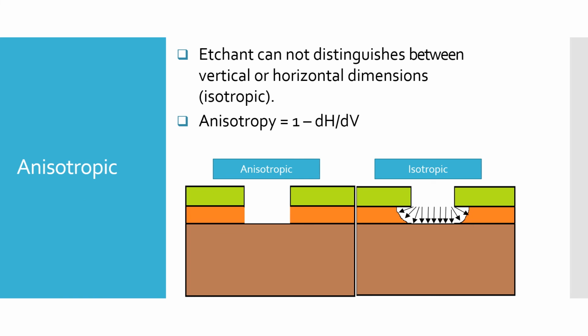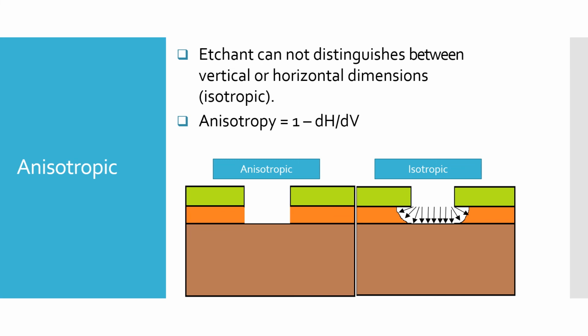In plasma etching, the process is anisotropic, where the etchant can distinguish between the vertical and horizontal dimensions, unlike isotropic etching. This anisotropy can be calculated using this equation: 1 minus depth horizontally over depth vertically.